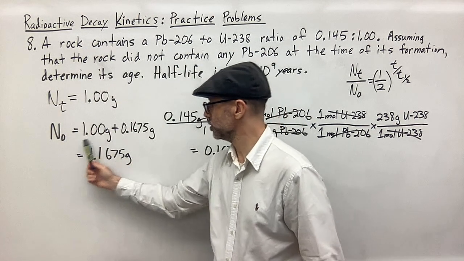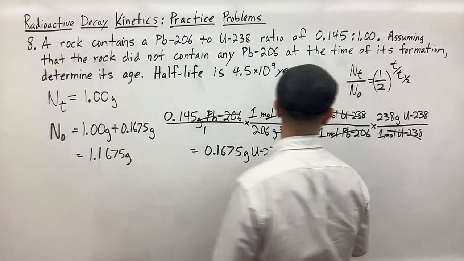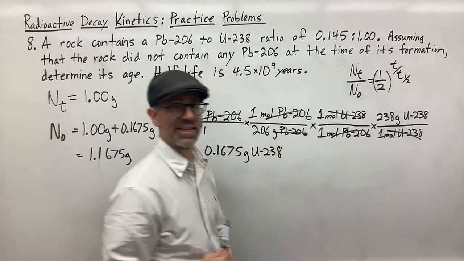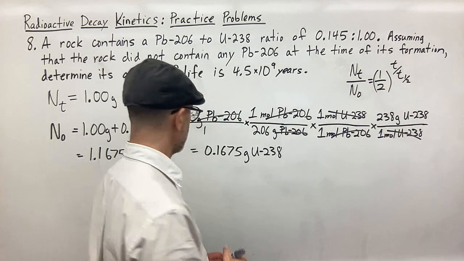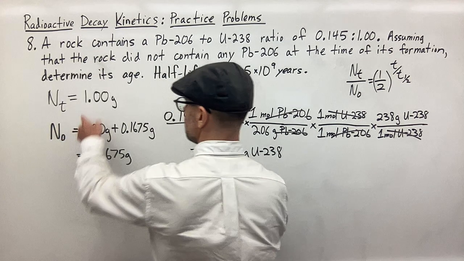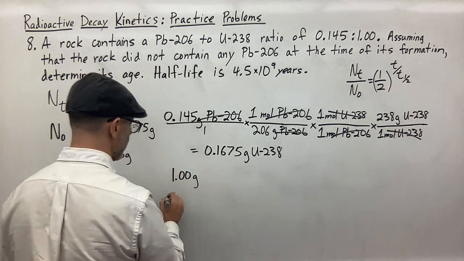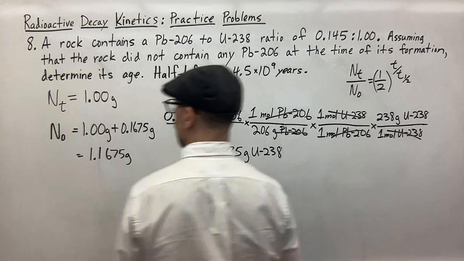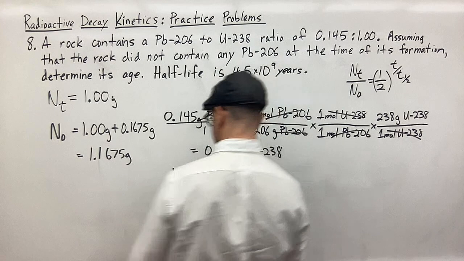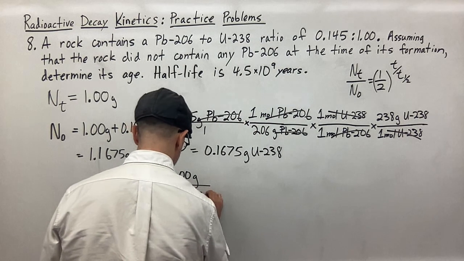So now I have the amount that I have now, the original amount, and the half-life. Now I can plug everything into my equation and solve for t, which is the age of this rock. So N_t is 1.00 grams, and N naught here is 1.1675 grams.